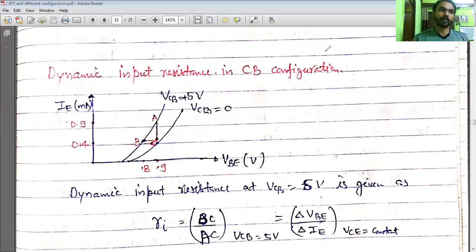Since it's a diode characteristic curve, the input configuration is very similar to the forward bias characteristic curve of a diode, and the forward characteristic curve of the diode is nothing but a non-ohmic circuit. So we will have a dynamic resistance. And since we are getting it from the input variables, it will be the dynamic input resistance. We'll see how we analyze this one.